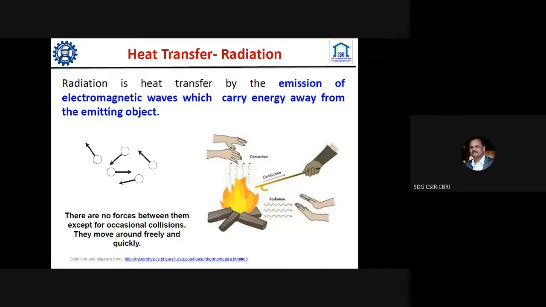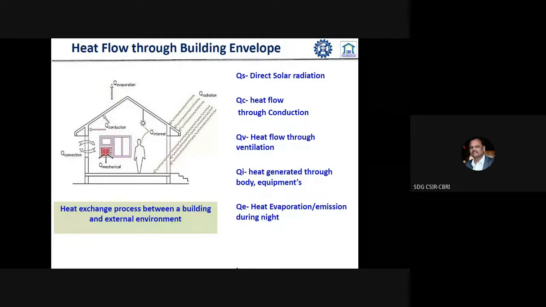All these heat transfer phenomena take place in the building through different media. There may be conduction through the building envelope: because of solar radiation the building envelope gets heated, and that heat is transferred by conduction inside the room. Through convection, such as the openable windows, heated air comes in, or in case of cold, the heat may go outside.